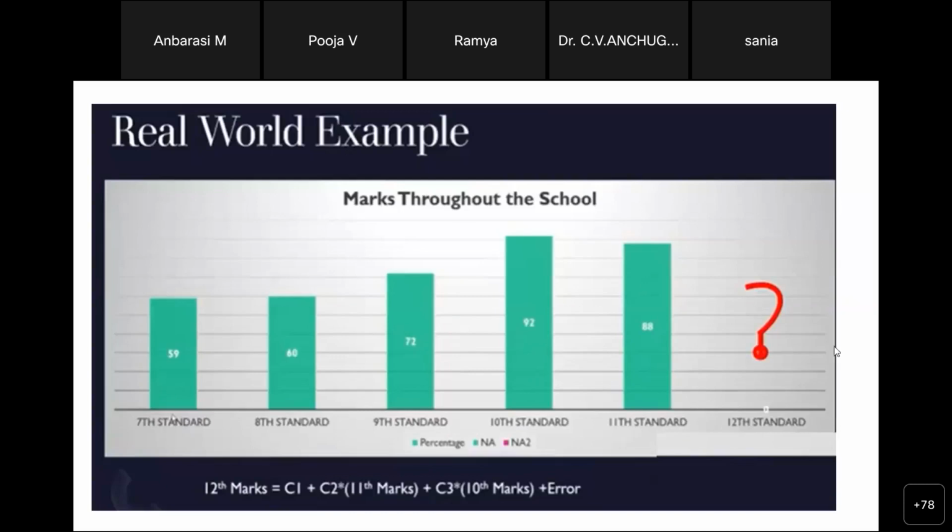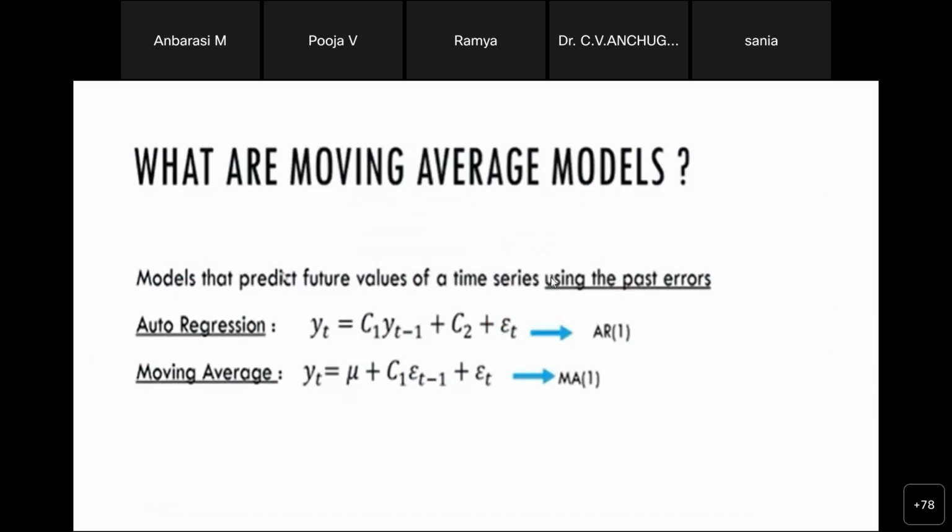That is what we call autoregression. But in the moving average model, we predict the future value based on the past errors, not the values. That is the difference between the autoregressive and the moving average models.